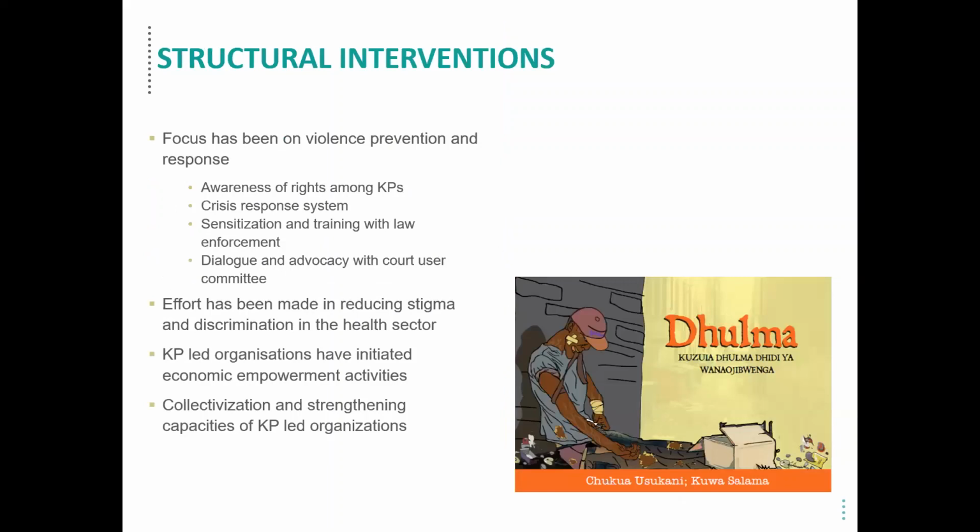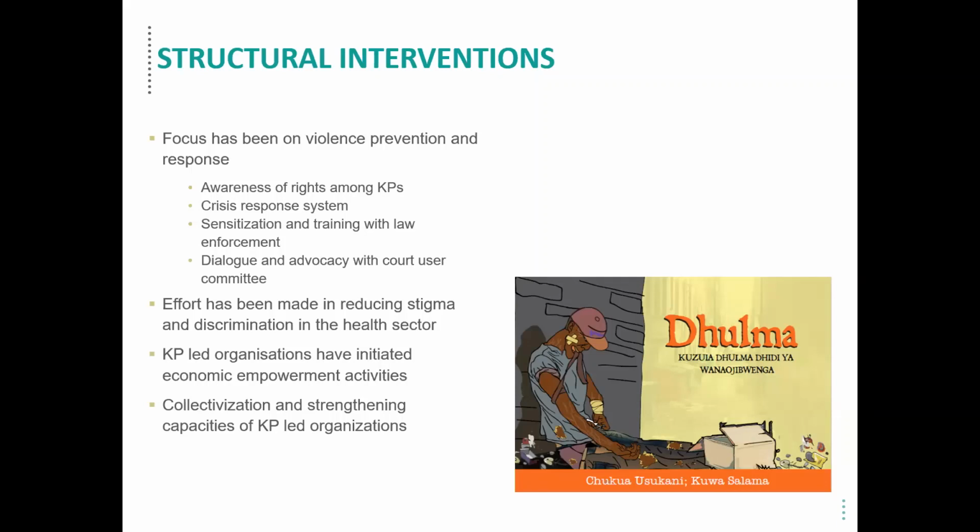Next slide. In our structural interventions, the focus has been on violence prevention and response: awareness of rights among key populations, a crisis response system, sensitizing and training law enforcement, and dialogue and advocacy with court user committees.